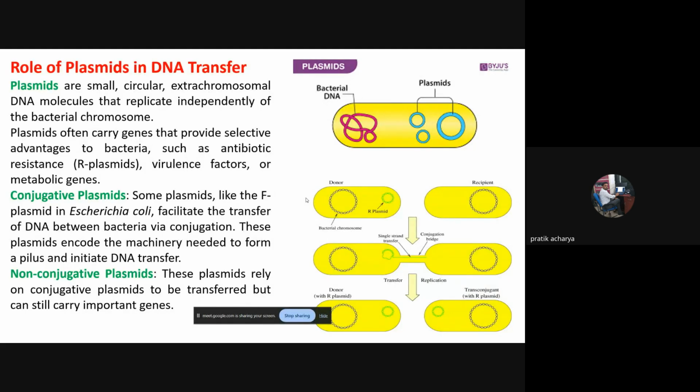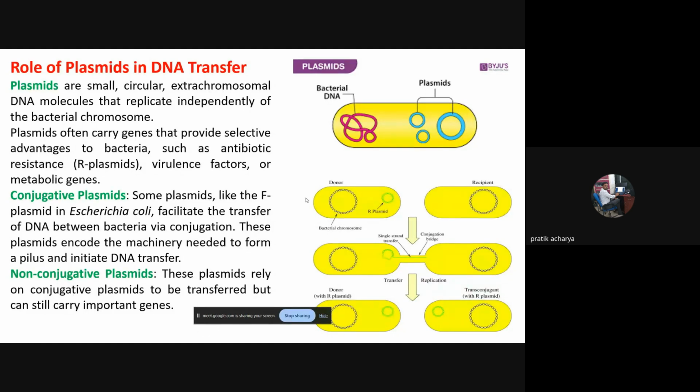They carry extra genes that are not essential for basic survival. That means if you remove this from the bacterium, it does not cause harm. But their presence gives the bacterium more advantage.